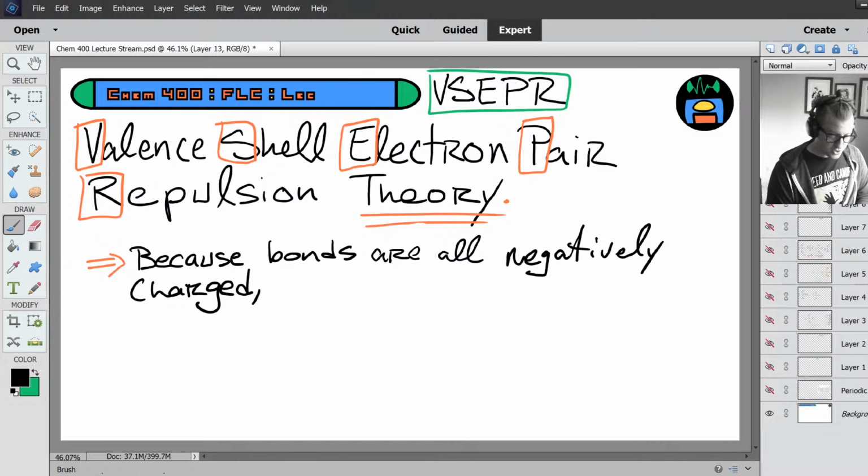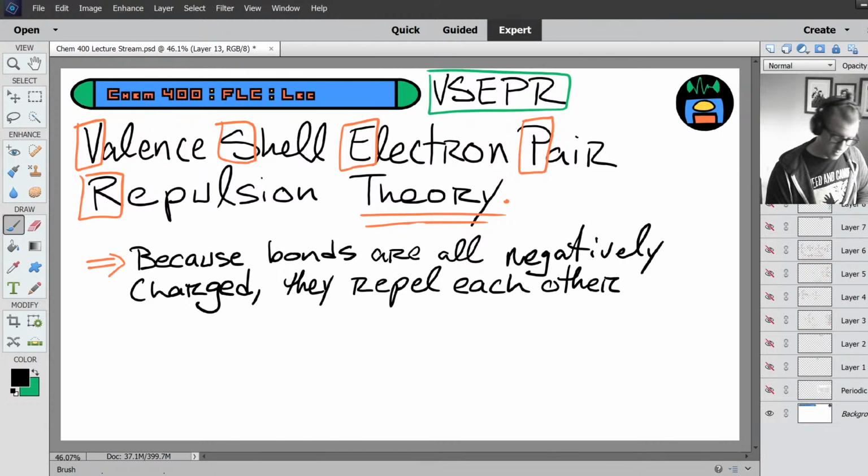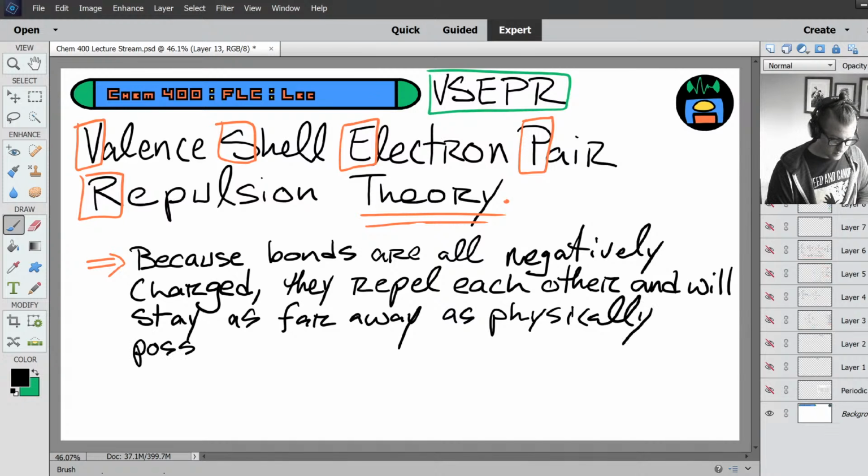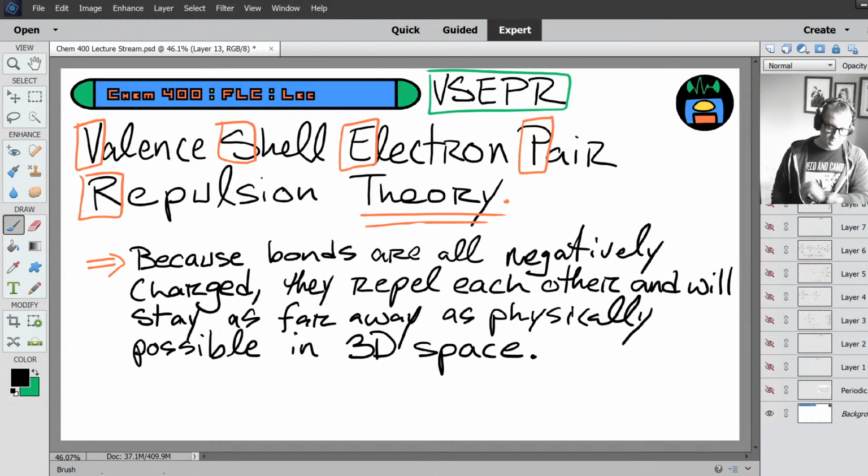All right, because bonds are all negatively charged, they repel each other and will stay as far away as physically possible in three-dimensional space.